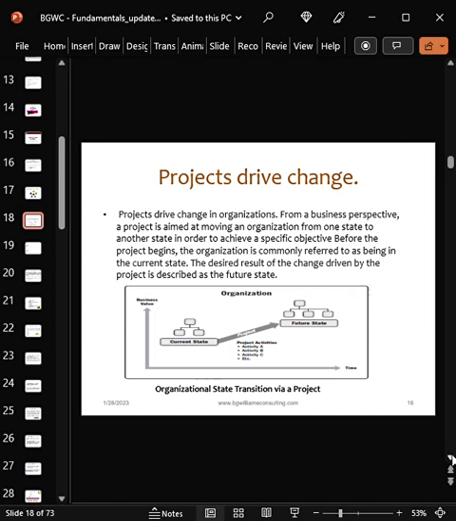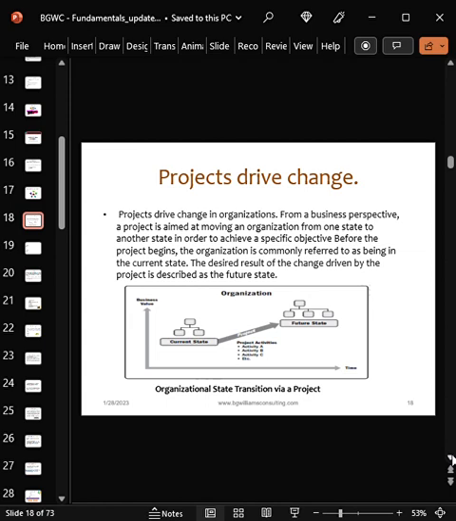What do I do to take my customer base from 200 to a minimum of 1,000? What can bring about that transition? You must embark on projects.